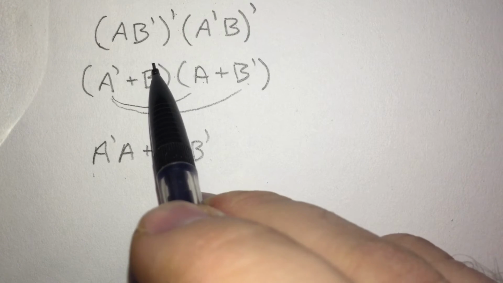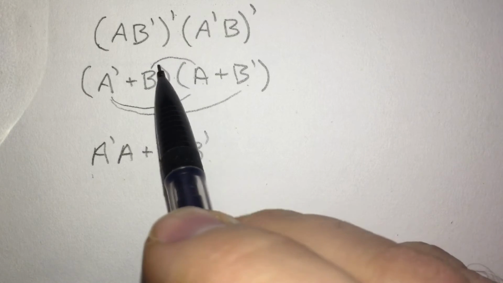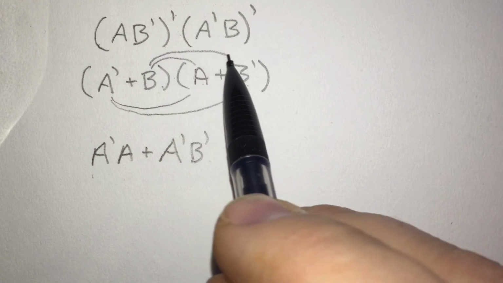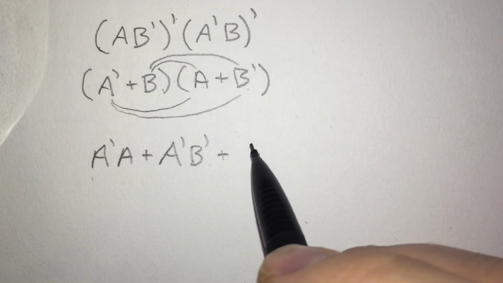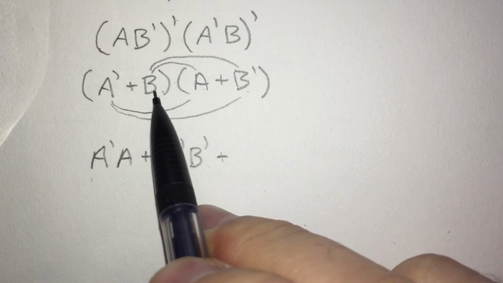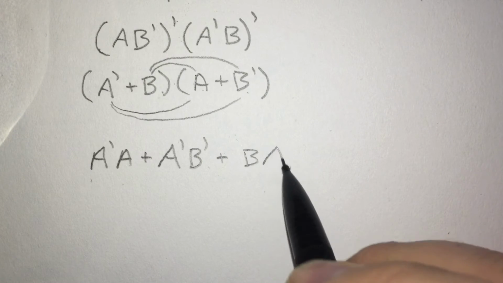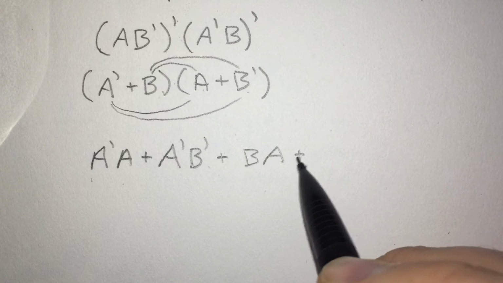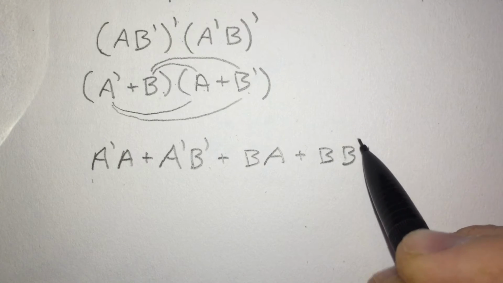If we FOIL this, we find we get B and A, or B and B not.